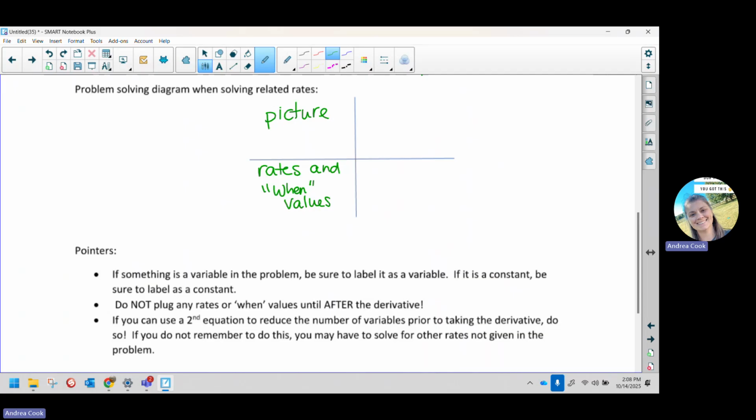Next to our picture, we put the formula we're going to be using, and if possible, we want it in one variable. Like the cylinder problems with radius and height, we try to make it just height or just radius to avoid product rule.